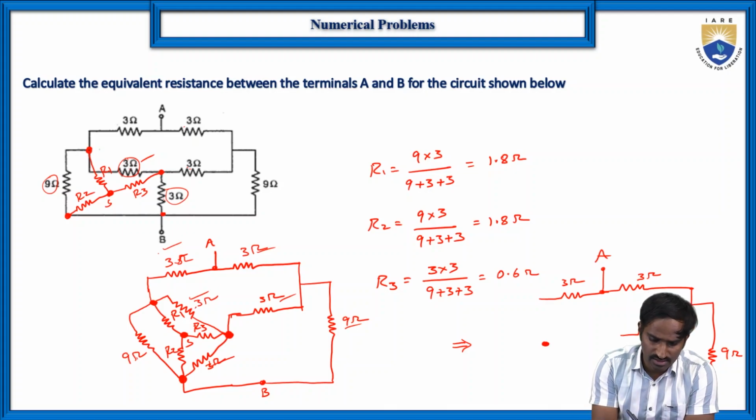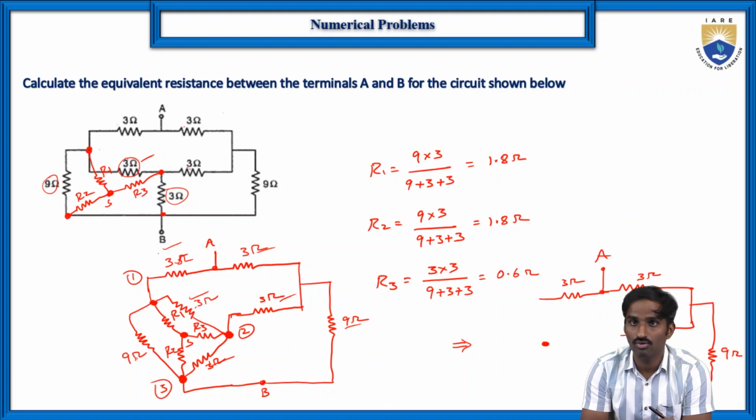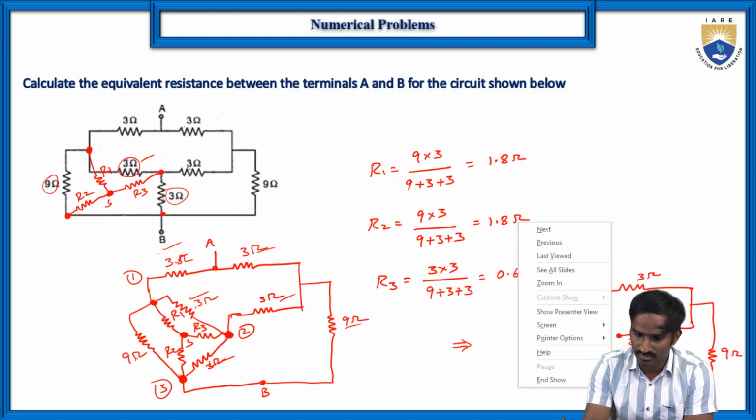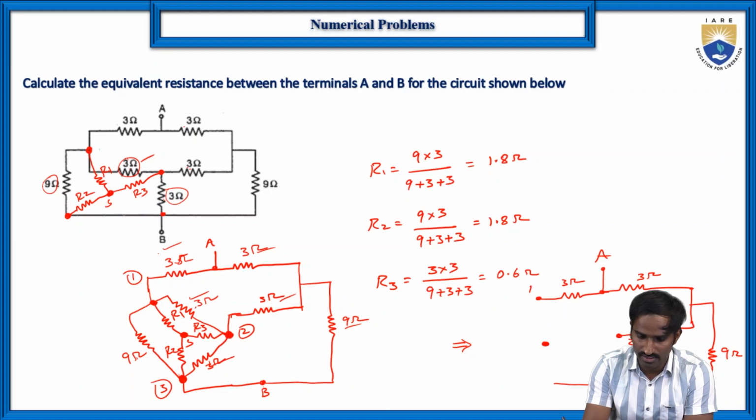Let us consider this is 1, this is 2 and this is 3. So 1 is connected to this 3 ohms, 2 is connected to this 3 ohms, and this 3 is connected to this point B. So this is point B again.